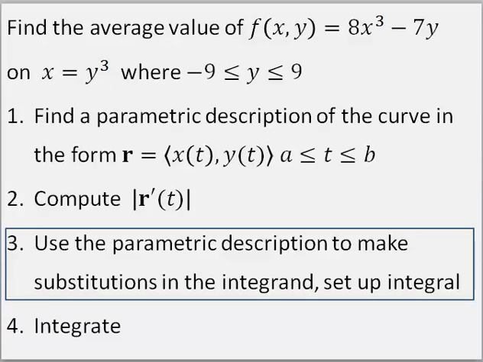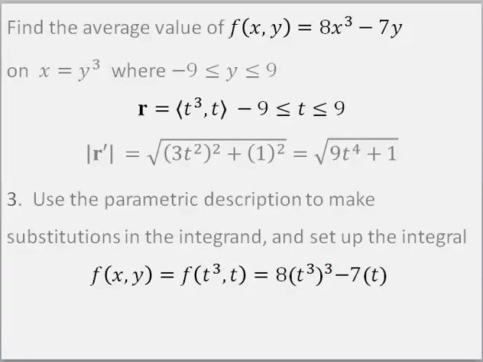Next, use the parametric description to make substitutions in the integrand and set up the integral. F in terms of t, so this is the surface over the curve, is given in this manner.